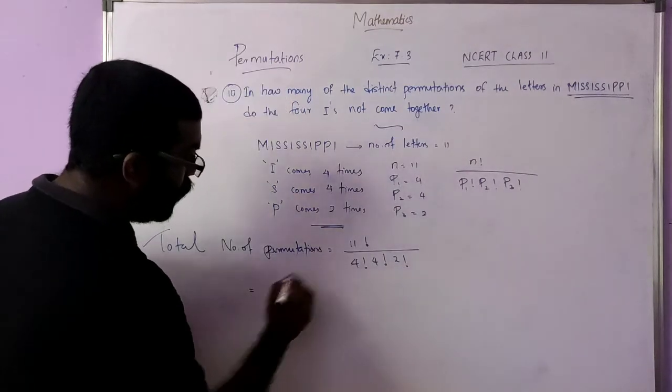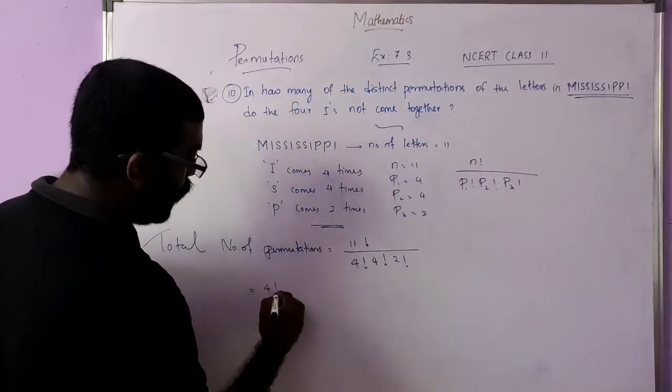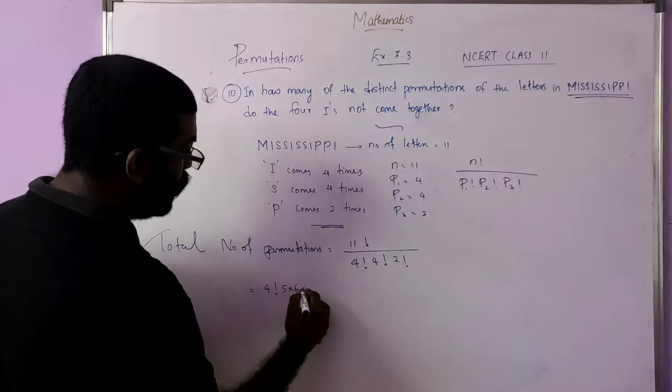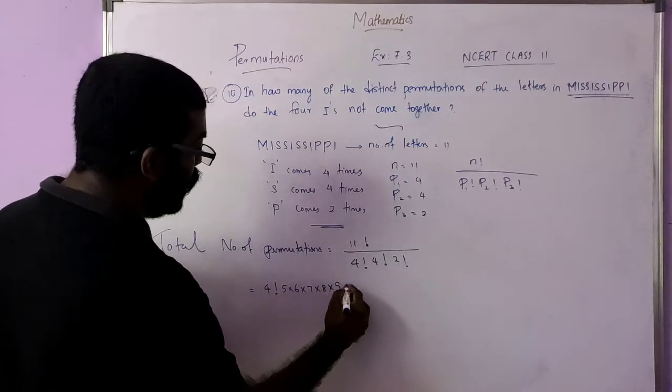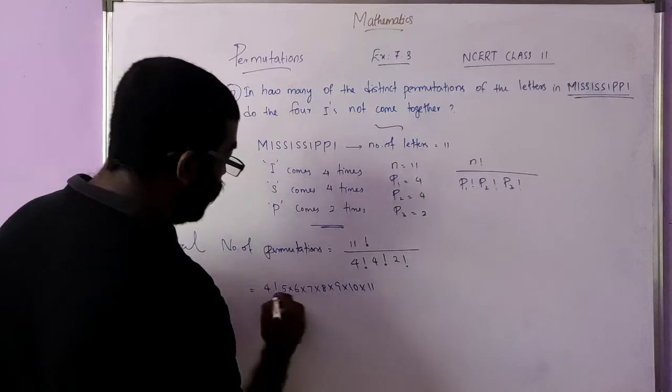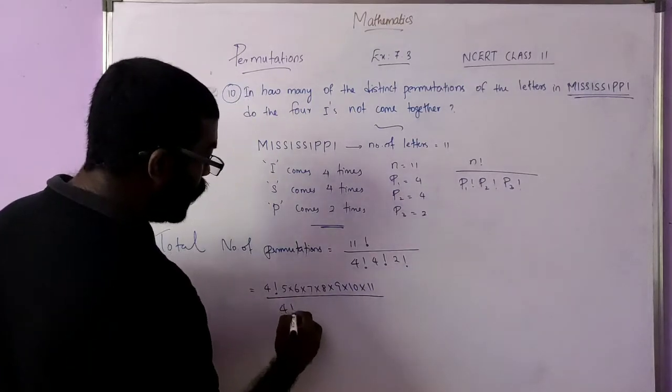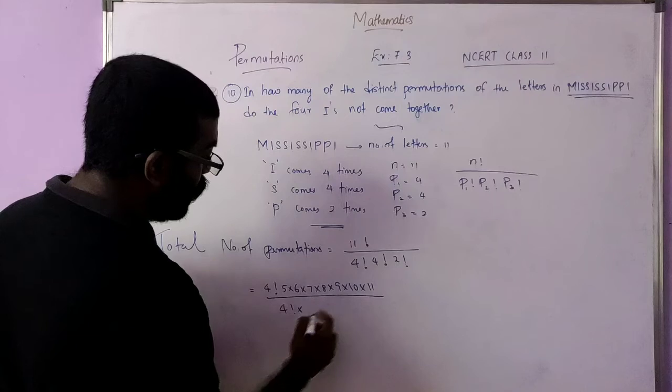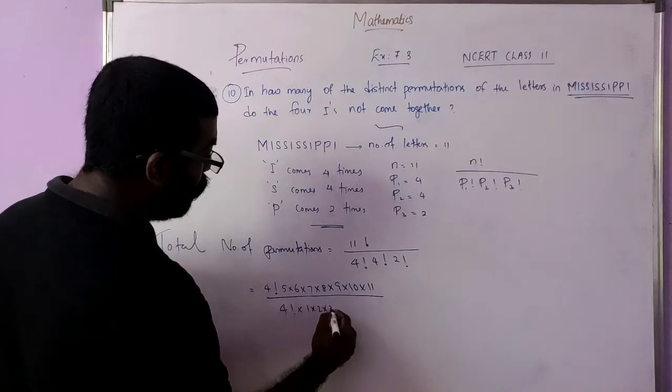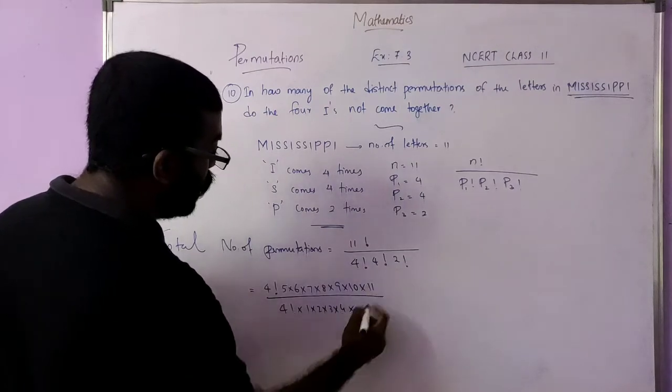Which is equal to 11 factorial, we can write it as 4 factorial into 5 into 6 into 7 into 8 into 9 into 10 into 11 divided by 4 factorial into this 4 factorial, we can write 1 into 2 into 3 into 4 into 2 factorial, 1 into 2.